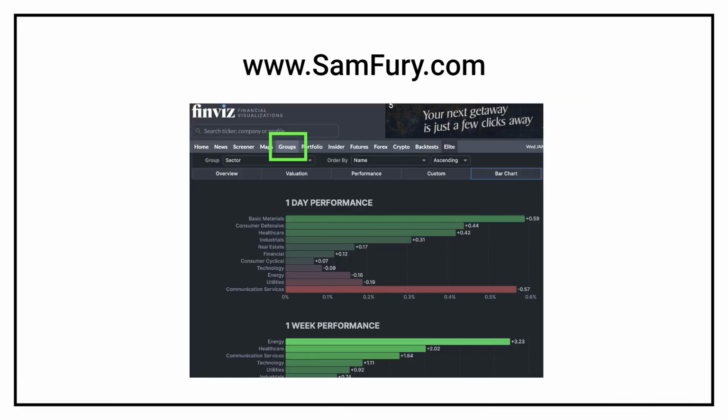FinViz makes this easy to spot with color coding. Green generally indicates a bullish sector, while red signals a bearish trend. You can even analyze this across different time frames, like day, week, or month, to gauge the sector's momentum. It's like checking the pulse of each sector, seeing which ones are thriving and which ones are lagging behind.